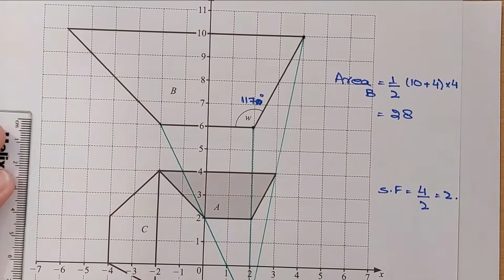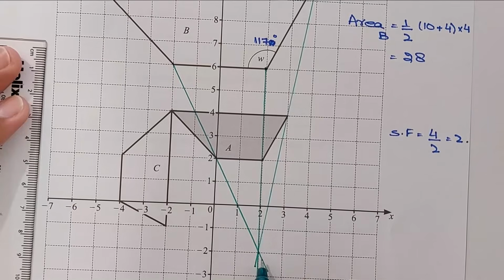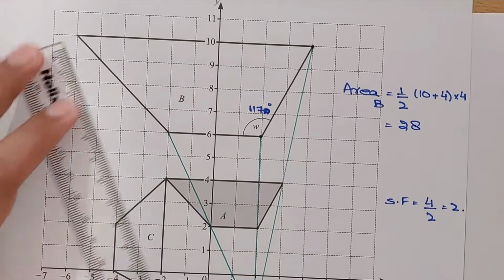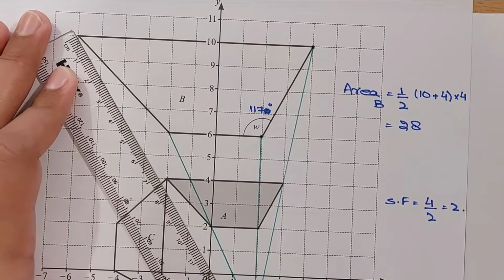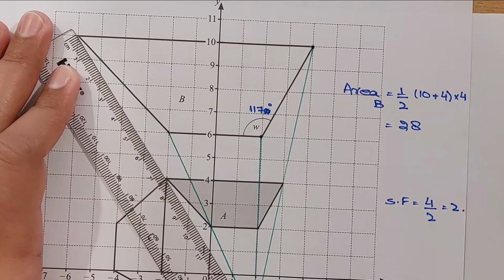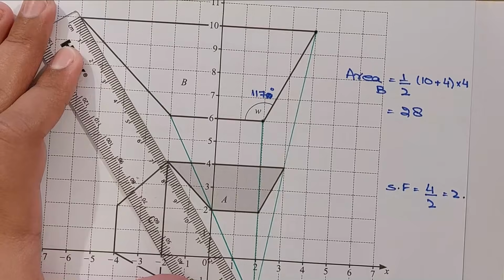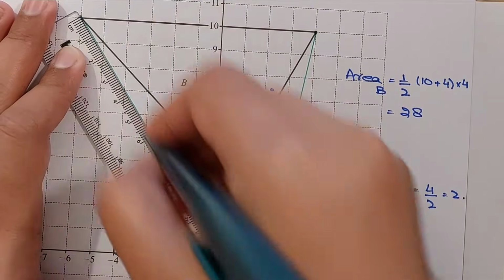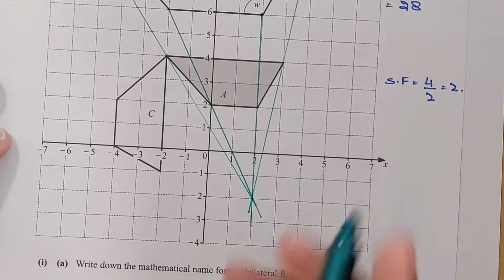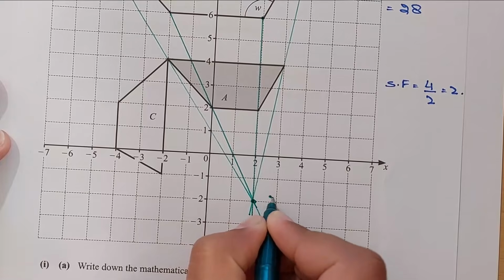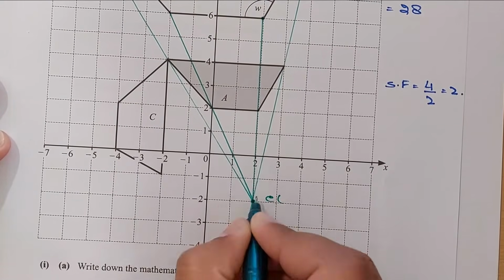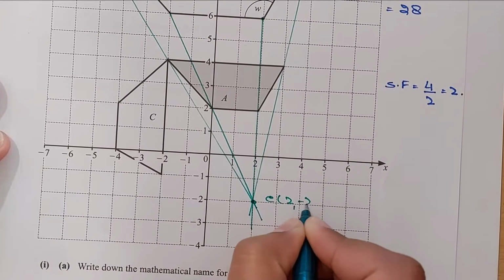So as you can see, all the lines pass through this point, that is x is 2 and y is minus 2. Let me check the fourth point as well. When you connect the fourth point, it also passes through the same point. So here we can easily find the center of enlargement, that is x is 2 and y is minus 2.